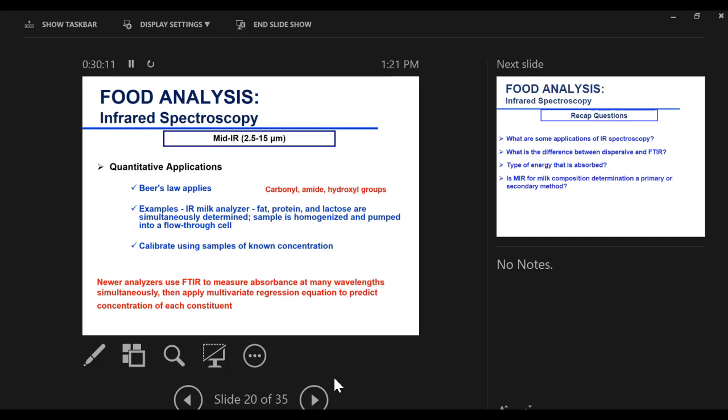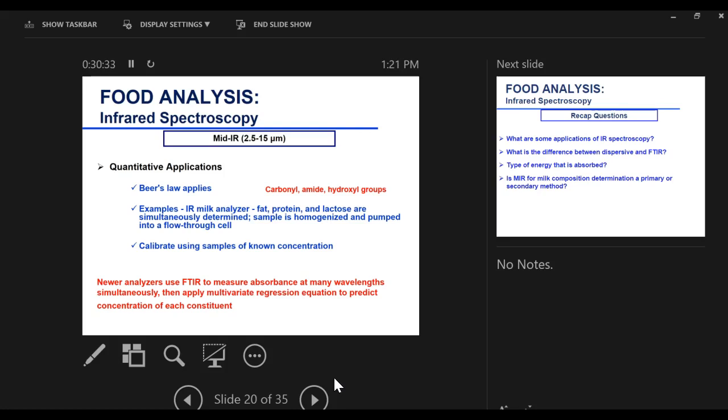It's pretty sophisticated, but as an analyst, you really don't need to know all of this detail of how the instrument works, as long as you know that you need to build the calibration and you need to have a bare minimum understanding of how to read the spectra and what it means.